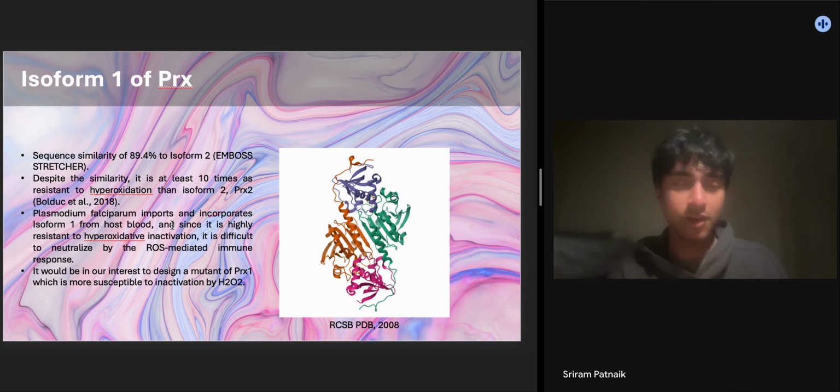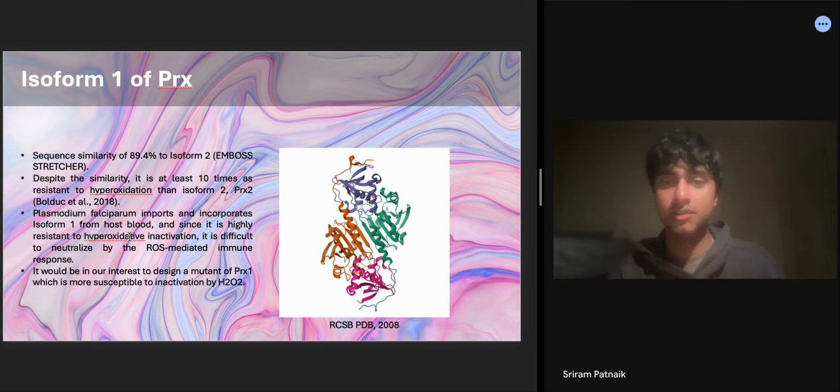But despite the similarity, it is at least 10 times as resistant to hyperoxidation by the peroxides than isoform 2. And Plasmodium falciparum, which is the parasite for malaria, imports these from the host's blood and incorporates them into its own cells.